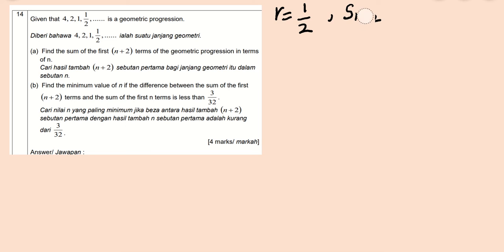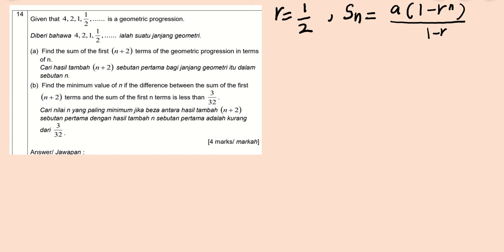Okay, so untuk formula Sn bagi GP, a multiply 1 minus r to the power of n, over 1 minus r. Ni formula untuk r less than 1.